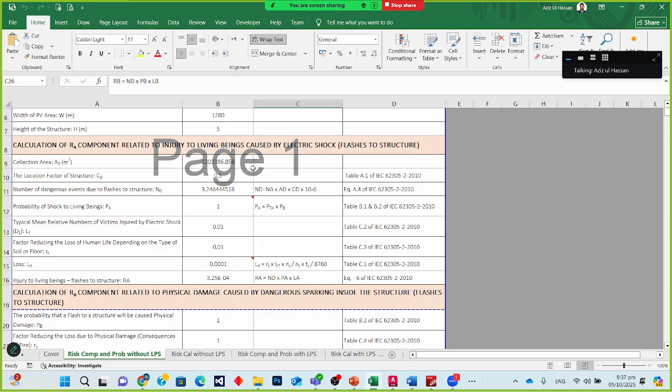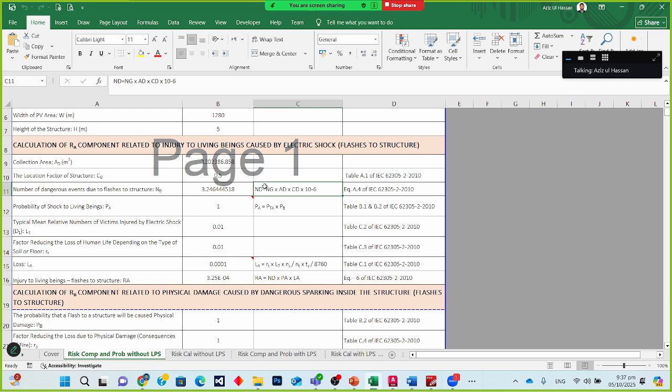When we go into the IEC standard 62305, they give us these options. The ND formula is ND is equal to NG, AD, CD, 10 power minus 6. For that we need this calculation also. Then we can finalize our calculations. So this is basically the process.